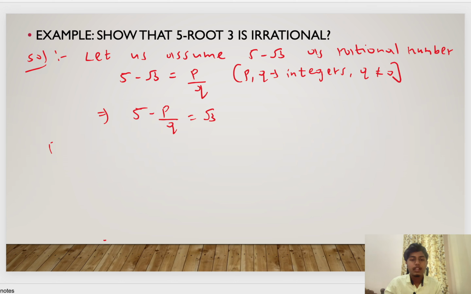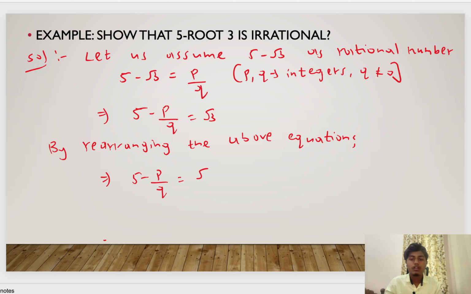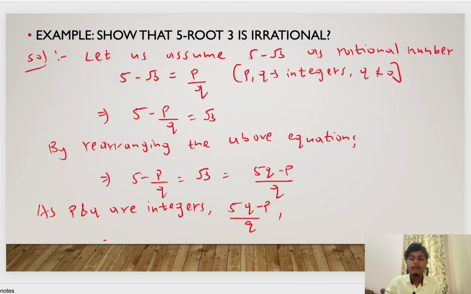So by rearranging the above equation, 5 minus p by q is equal to root 3, which is equal to (5q minus p) by q, as p and q are integers. (5q minus p) by q and 5 minus p by q are rational numbers.